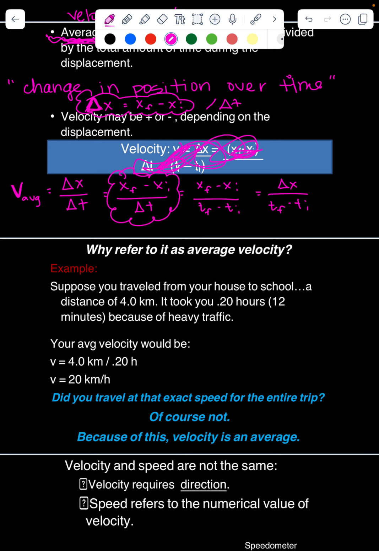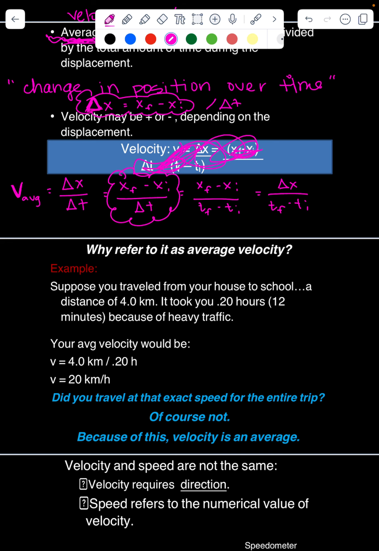It just takes the entire distance that you traveled, the entire position that you changed, not your whole path necessarily unless it's a straight line path, over your entire time interval. Then you divide those and it gives you that average. You're not necessarily going that speed the entire time.